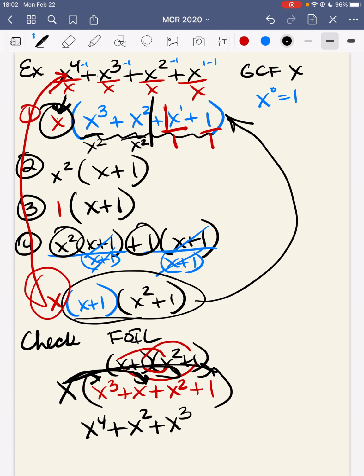And X times 1 is just X. Now what I'm looking for is, do I have my 4, 3, 2, and 1 that I started off with? Let's check. I have 4, 3, 2, and X to the first. This checks out. All right, so I've totally gotten back to where I started with. This had a GCF in it. All right. And don't worry if it's the first time you've seen this. We'll do a few more of these before we're done with this section.